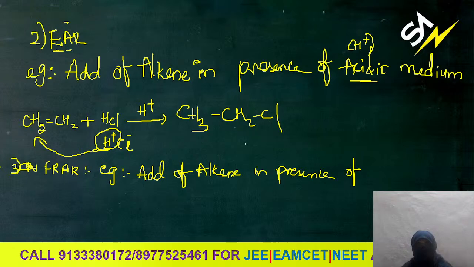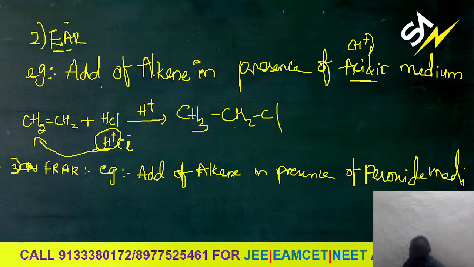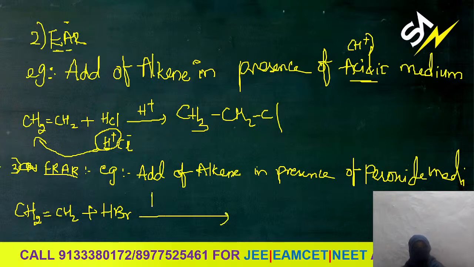The solvent in the above case was acidic medium. Here the solvent is peroxide. If you find any peroxide above the arrow for alkene, the mechanism is going to be free radical addition reaction. Let's see an example here. So any peroxide you can use, H2O2, benzoyl peroxide, any peroxide.